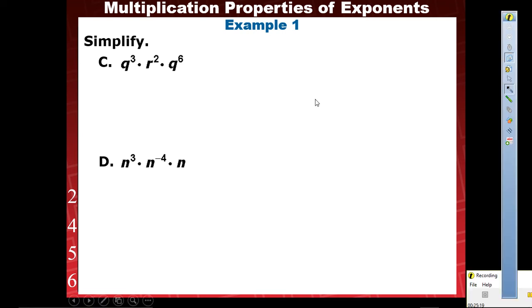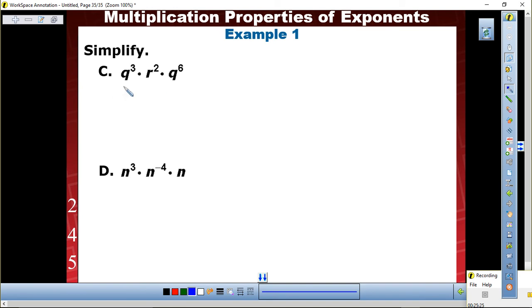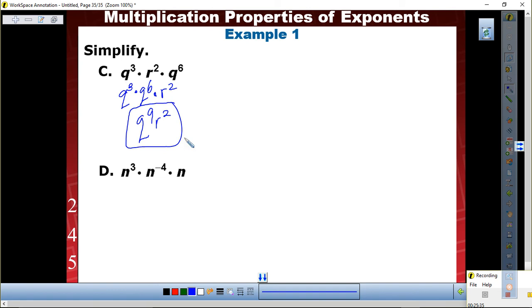All right, so by the looks of it, if you use the commutative and associative properties, we move things around. Q cubed times Q to the 6th times R to the 2nd. This becomes Q to the 9th, R to the 2nd. Is that correct? Okay, on this one, some of you probably at first glance forgot to put the 1 and you made a mistake.